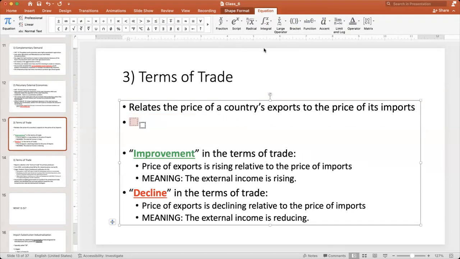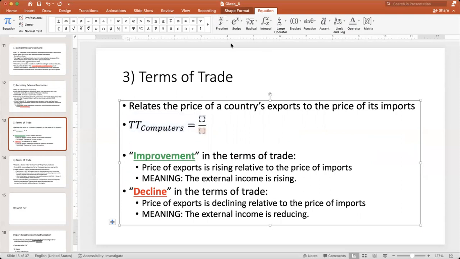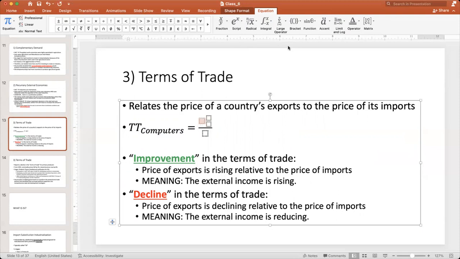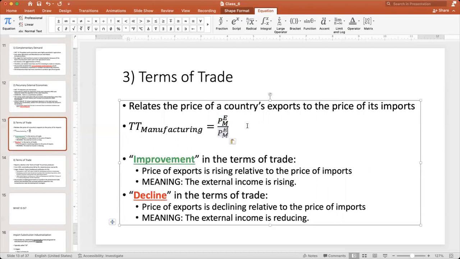For instance, the terms of trade of manufacturing products equal the price of the exports of manufacturers divided by the price of the imports of manufacturers.